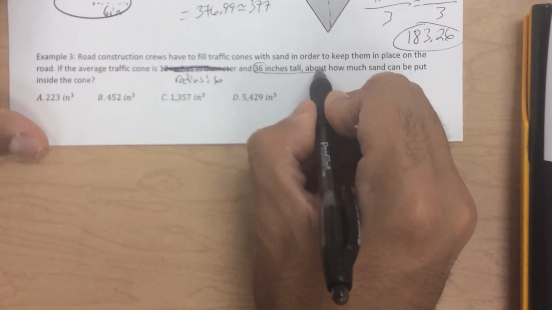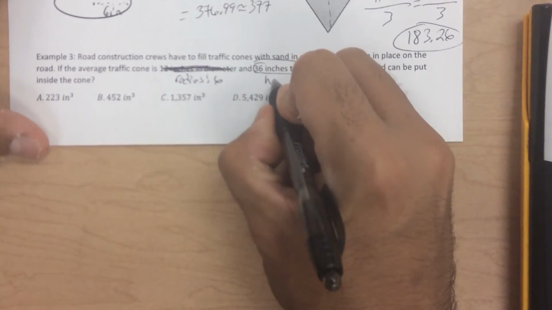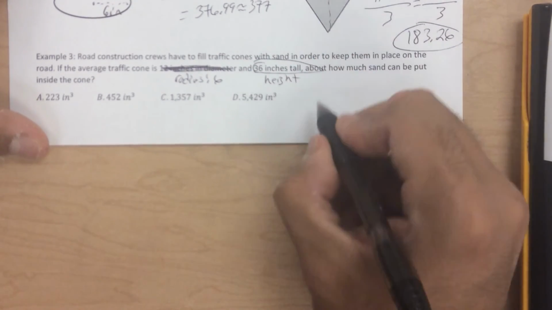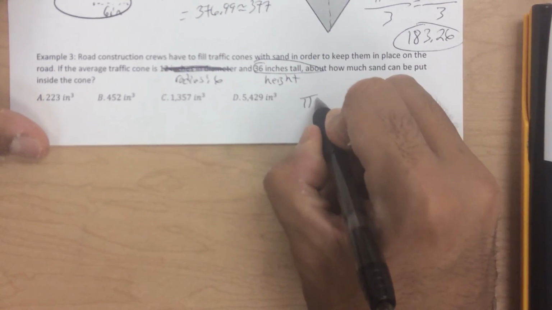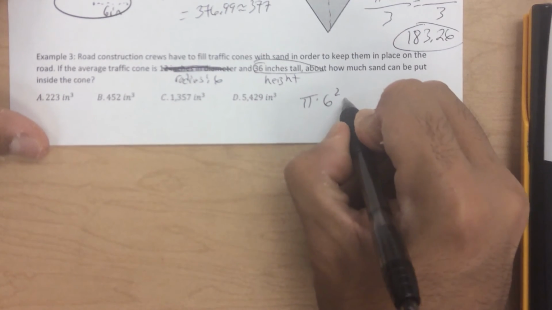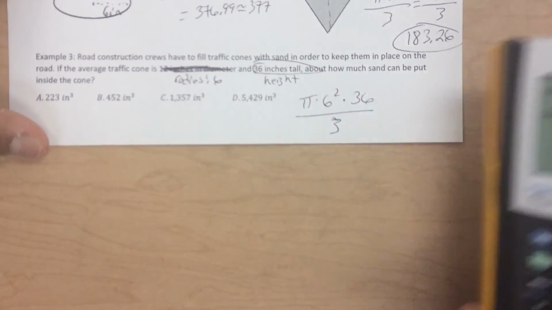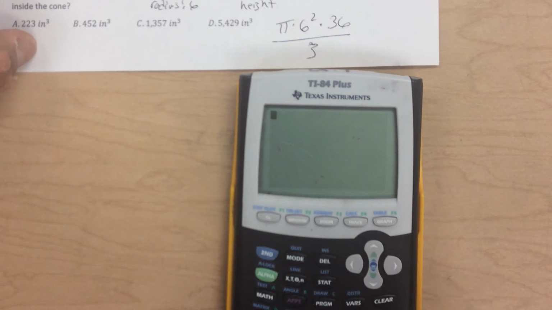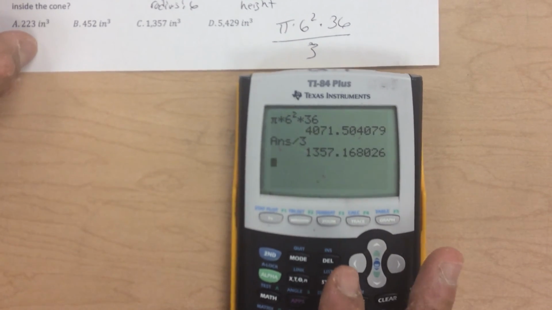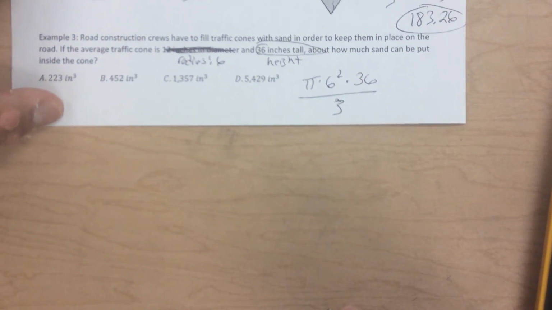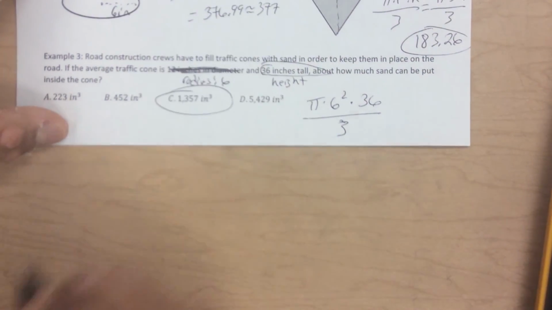And then the 36 is how tall it is, so the height. So I'm going to do pi times 6 squared times 36 divided by 3. If you do that, second pi times 6 squared times 36 divided by 3 will result in 1357, which, as you can tell, is answer choice C.